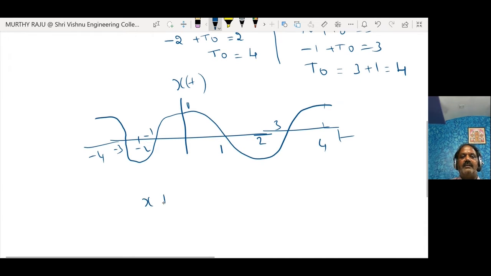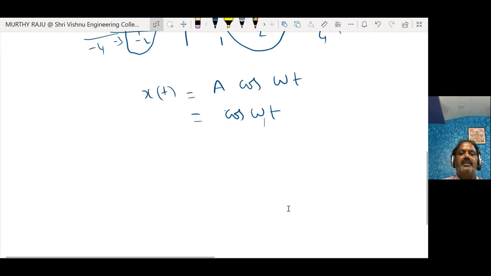x of t is equal to the general form A cos omega t. Here the amplitude of that waveform is 1, so 1 into cos omega t, that is equal to cos 2 pi by T into t.